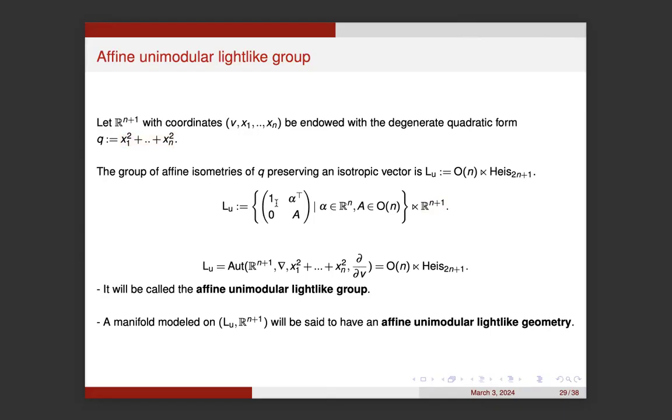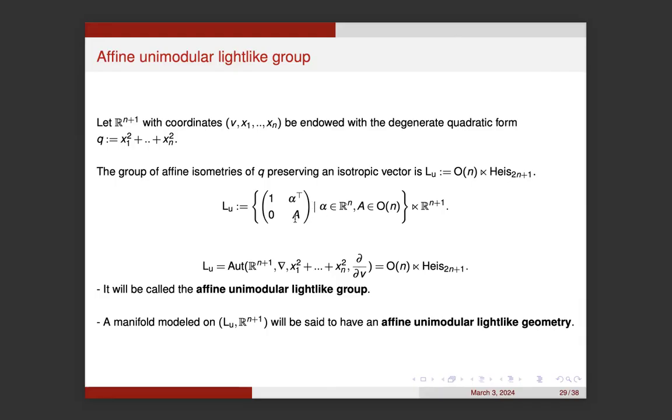Now these matrices also preserve the vector v because of the eigenvalue 1 here. Here A is an element in the orthogonal group of dimension n. So this matrix A preserves this quadratic form. And in fact, if I add any element alpha in R^n, this matrix also preserves everything.